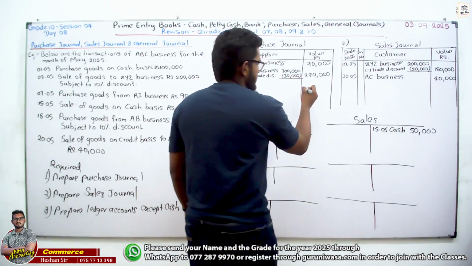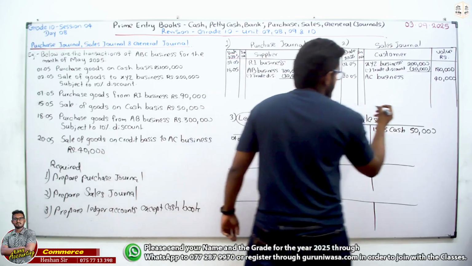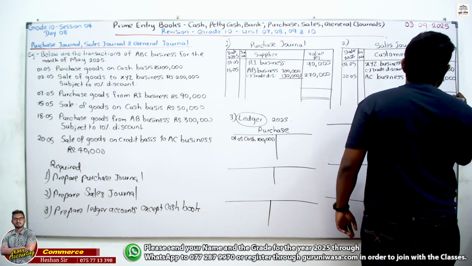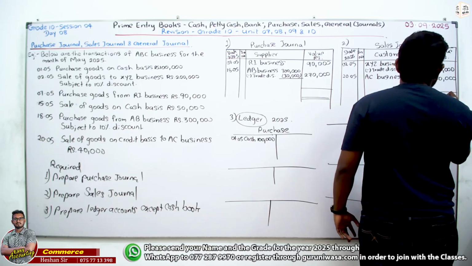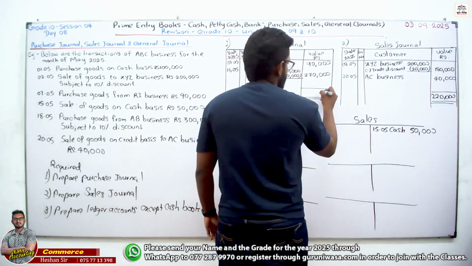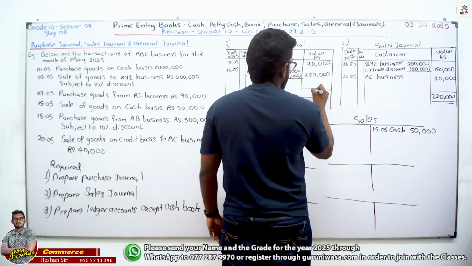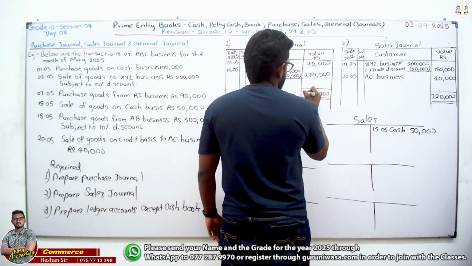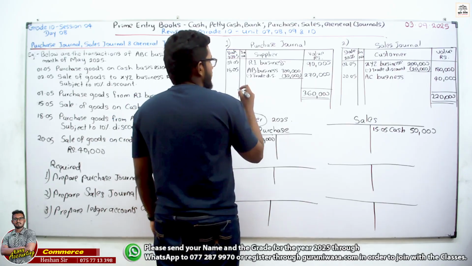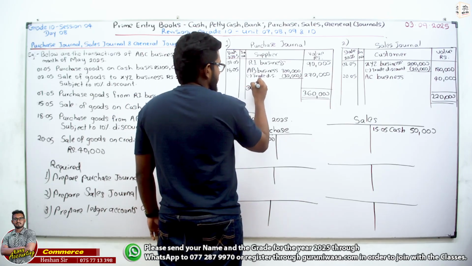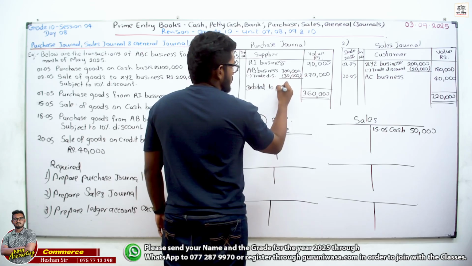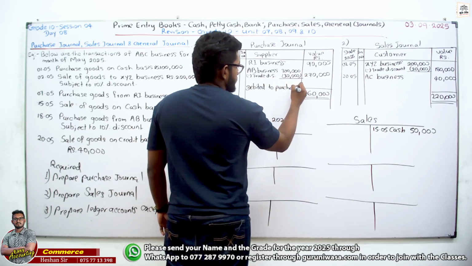Now the credit basis things, I told you, we get the total 220,000. In here, 360,000. In here you need to write debited to purchase account.